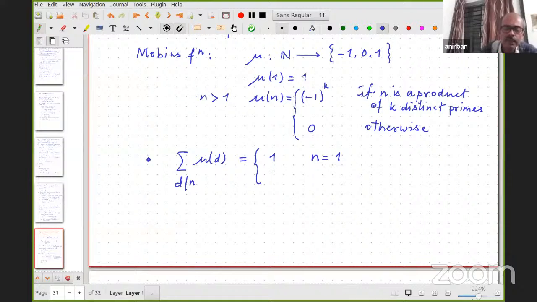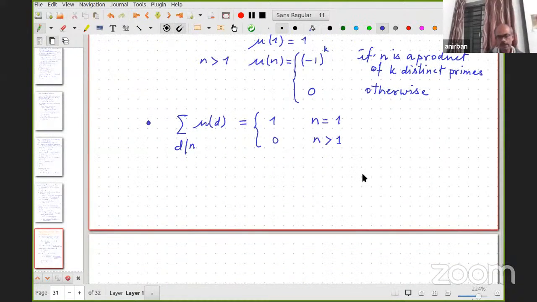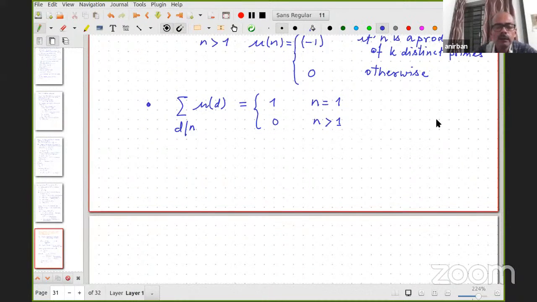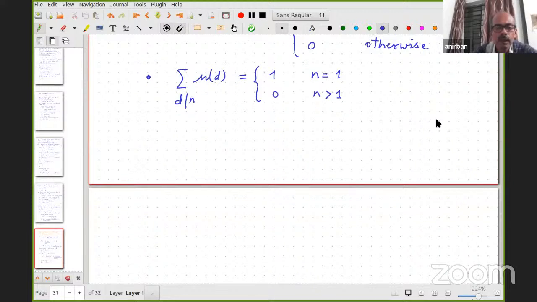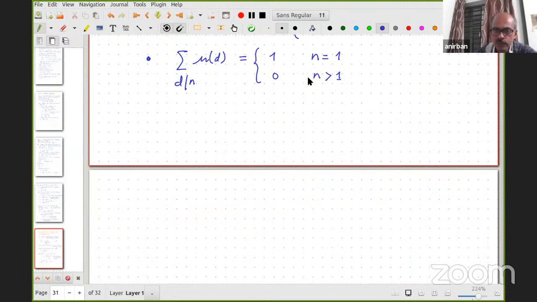And in any other case, you are going to get 0. So this sum distinguishes 1 from all other natural numbers. This fact is very easy to check by using the prime factorization of n.